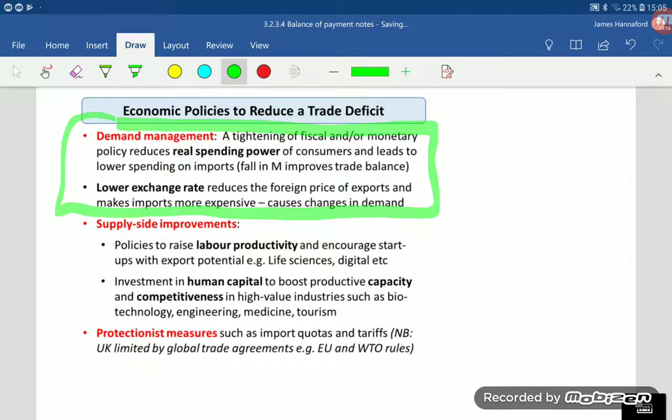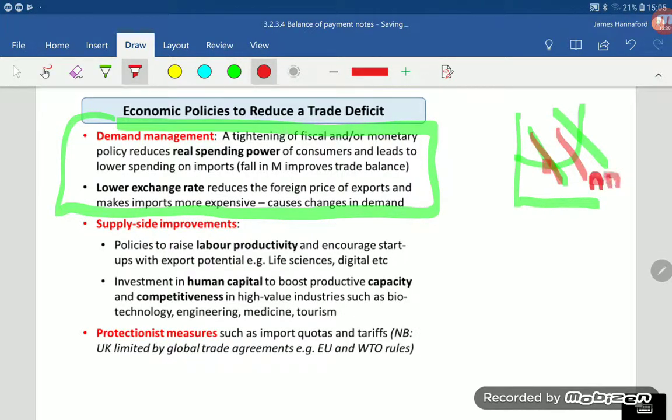Also, the lower price level in the country will mean that our goods are now more price competitive abroad, so we're more likely to export the goods, meaning that AD could actually end up shifting back to the right.